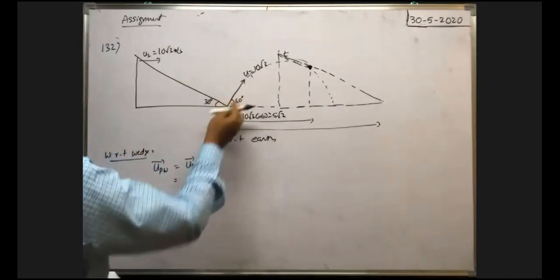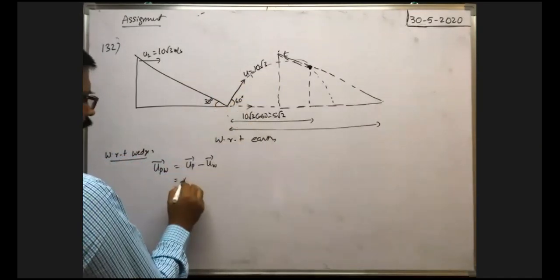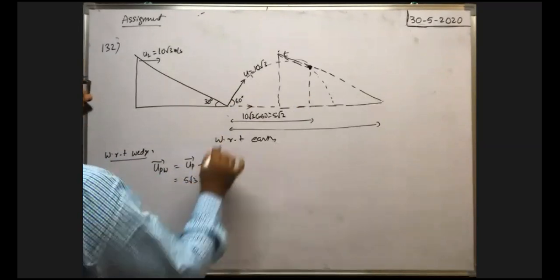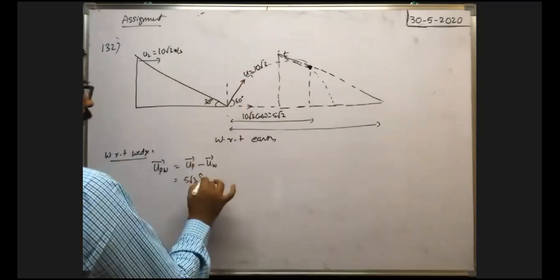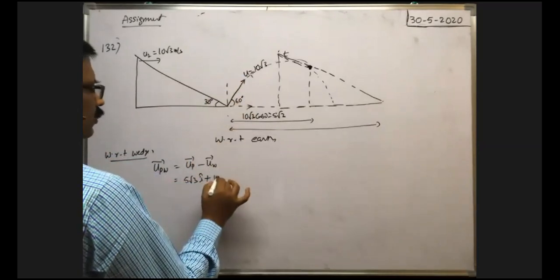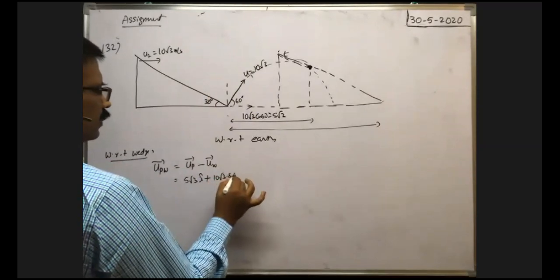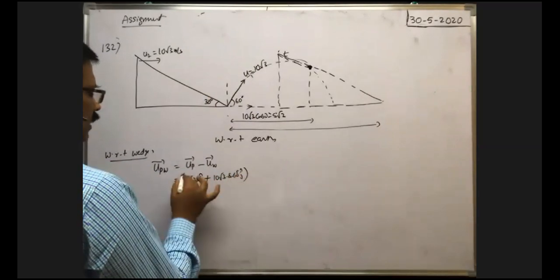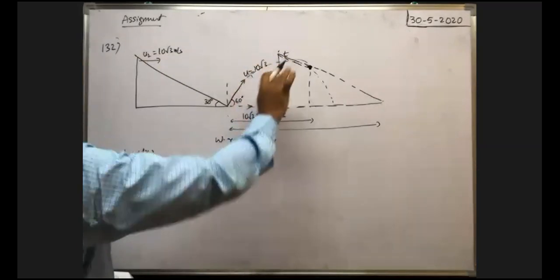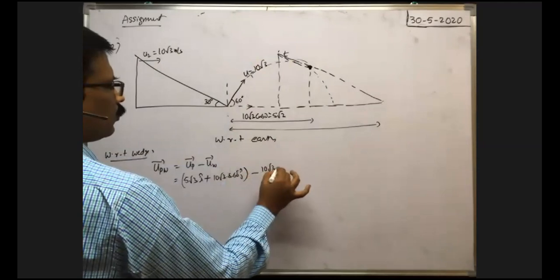Its x component of velocity is 5 root 3 along positive x direction, that's i cap. And the y component of velocity is 10 root 3 sin 60 into j cap. It is velocity of the particle minus velocity of the wedge. That is along horizontal direction only, that's why 10 root 3 into i cap.